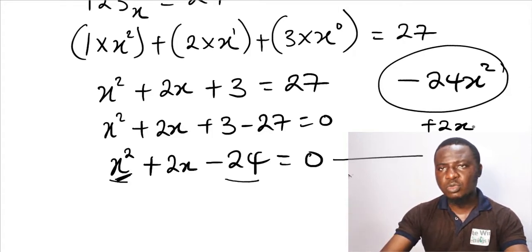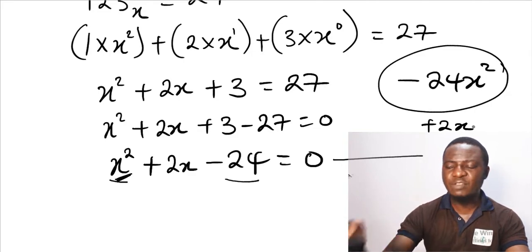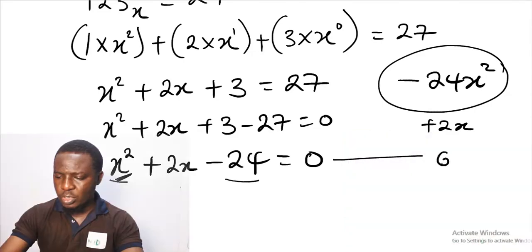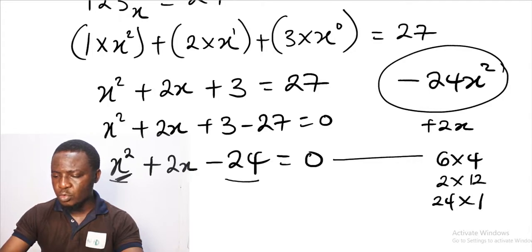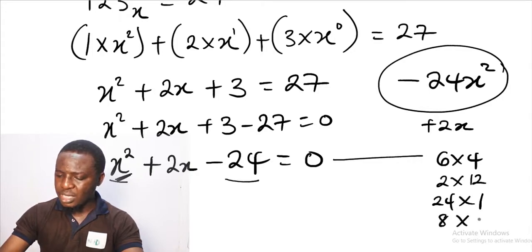In order for you to get those 2 terms, look for all the 2 numbers that when you multiply them together, give you 24. So 6 times 4 will give you 24. 2 times 12 will give you 24. 24 times 1 will give you 24. And 8 times 3. Now, for these numbers, let's assign their signs.